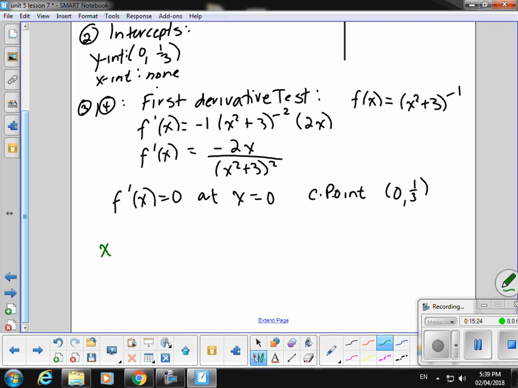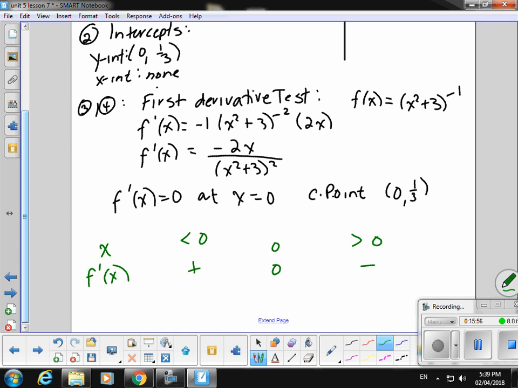I want to look about 0. So I have 0 because my derivative is 0 there. I want to look to the left and to the right. At the left, if I put a negative value into the derivative, I get a positive on the top. I always have a positive on the bottom, so that's going to be positive. If I put a positive value, the top is negative, the bottom is always positive, that's going to be negative.